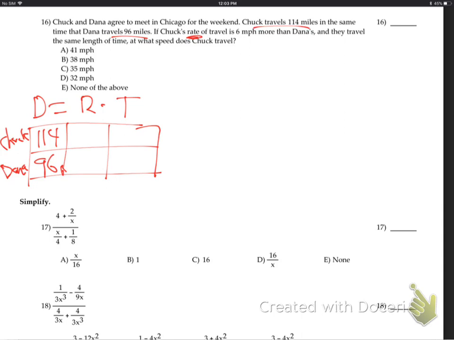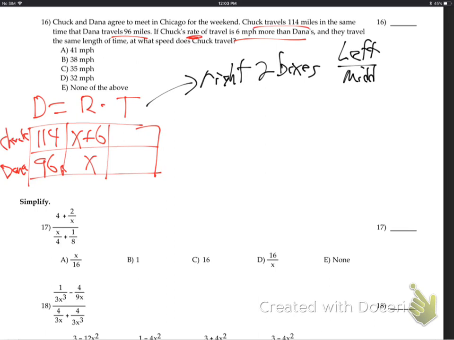Chuck's rate, we're talking rate for Chuck now, is 6 more. X plus 6 in the rate box for Chuck. The other box? X. Remember, there's always a plain X somewhere. So Chuck is 6 more than X. We got our 4 boxes. Good so far. What do you do on these dirt problems once you've got the left 4 boxes? How do you get the right 2 boxes?